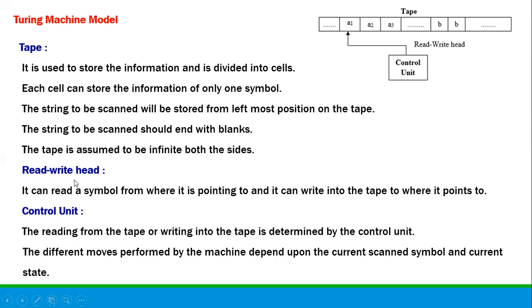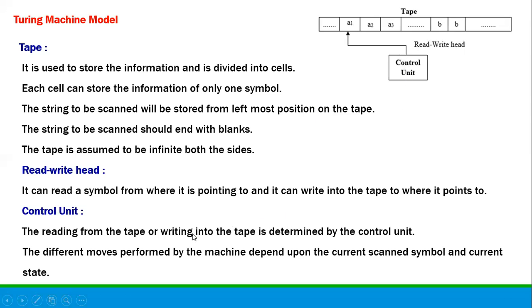We have something known as the read-write head here, and it can read a symbol from where it is pointing to, and it can write into the tape where it points to. Control unit is nothing but the reading from the tape or writing into the tape is determined by the control unit. That means the read or write action will be controlled by this control unit.